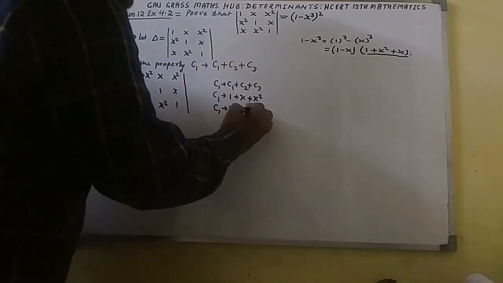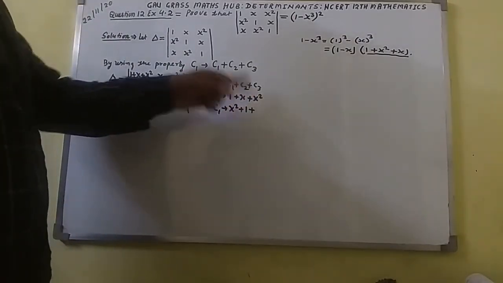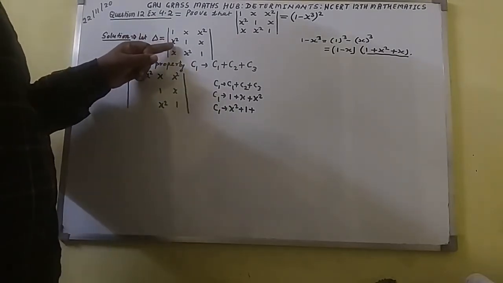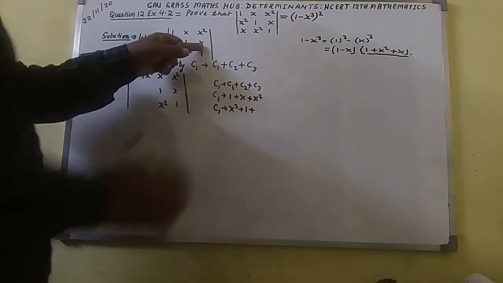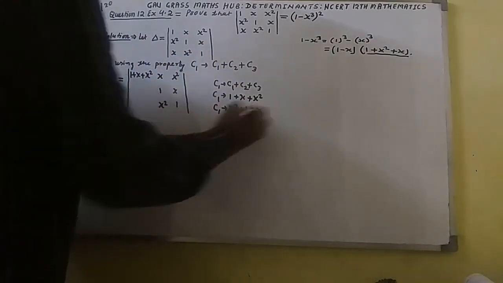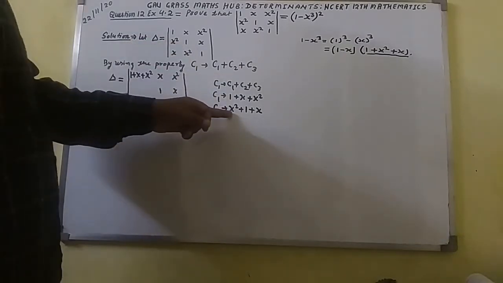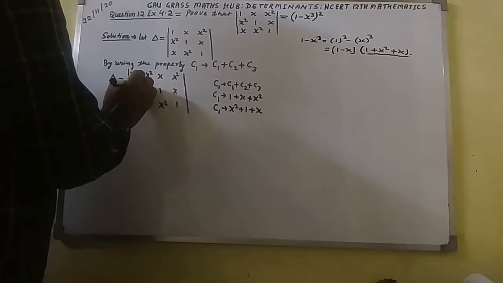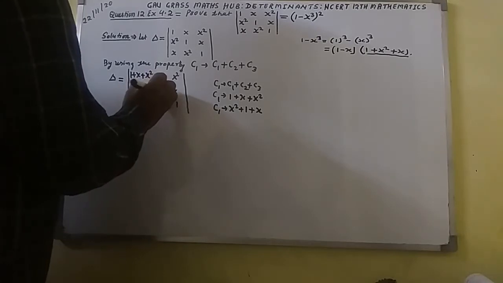So here write 1 plus, for C3 I shall refer third column. The corresponding element of x square in the third column is x. So here write x. In place of x square I shall write x square plus 1 plus x. So here write same thing, 1 plus x plus x square.